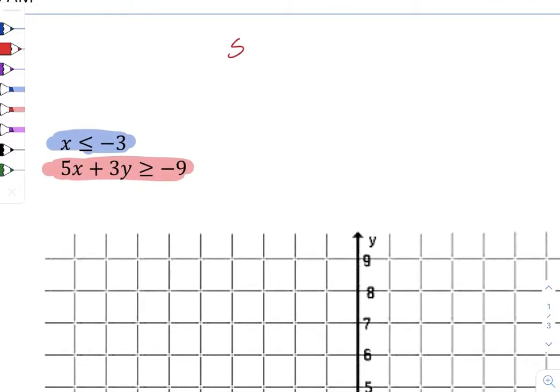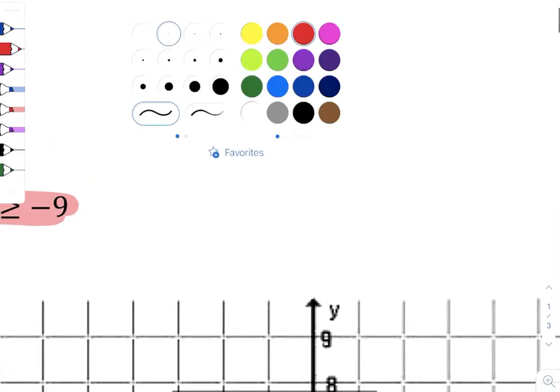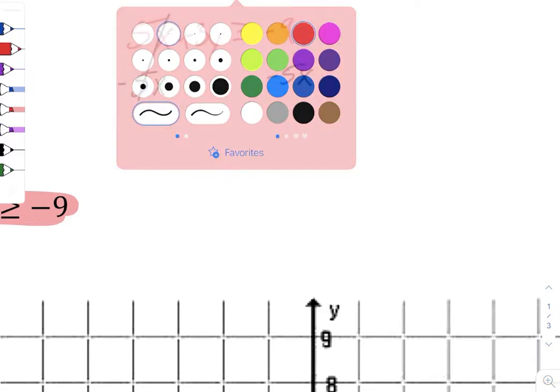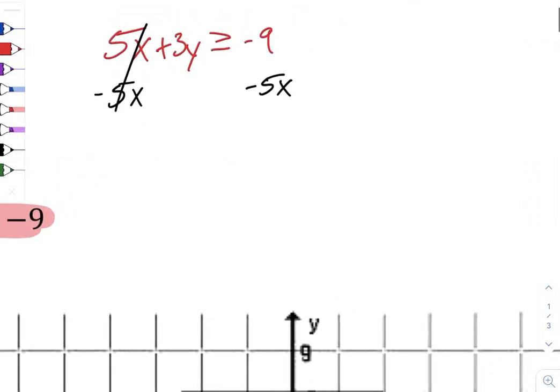So I'm going to rewrite this: 5x plus 3y is greater than or equal to -9. I want to get y by itself. So the first thing I'm going to do is subtract 5x on both sides, so we can get just the y term by itself, and that leaves me with a positive 3y.